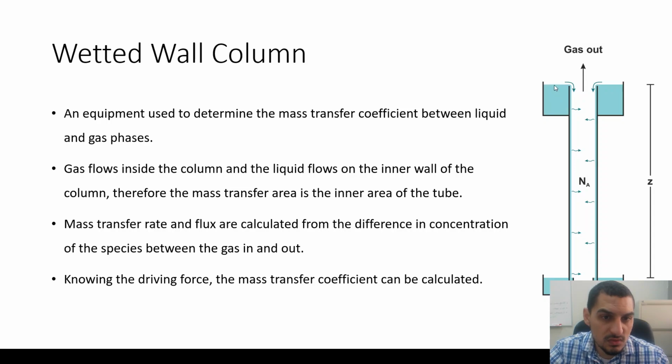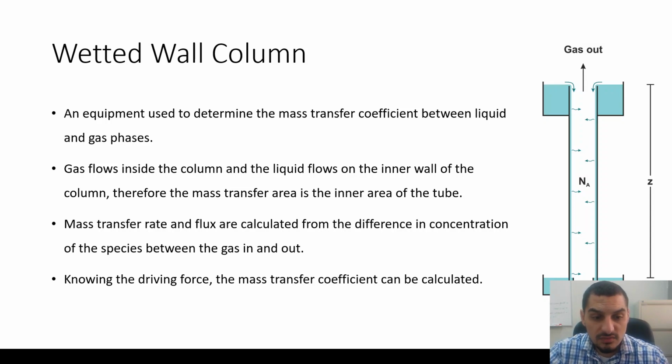There is a weir here, so that it overflows and flows through the whole perimeter of the column. It flows in the inner side, so it doesn't fill the column. It just flows on the inner walls, and then we collect this liquid in the bottom part of the column.